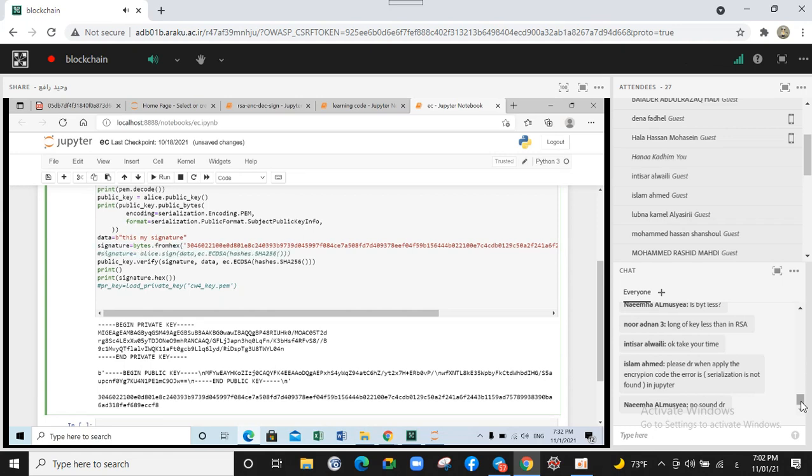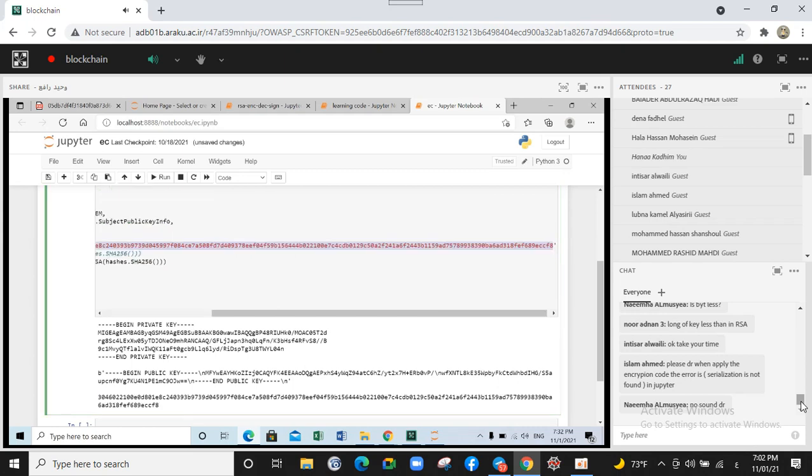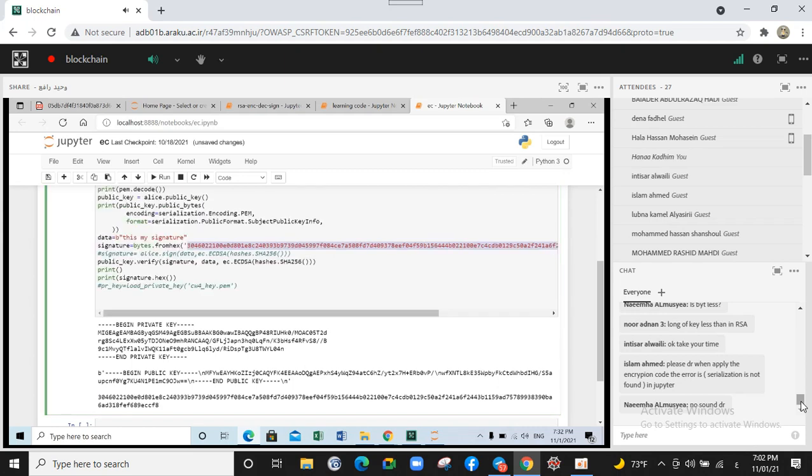I don't want to generate the signature again. I use the previous signature. This is the previous signature and this is the data.